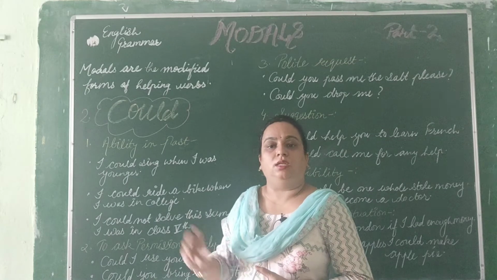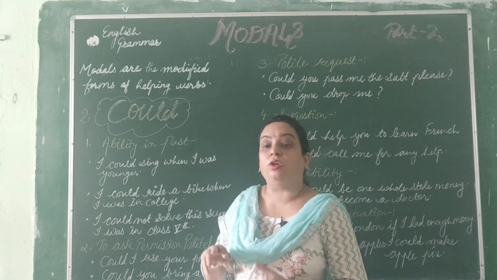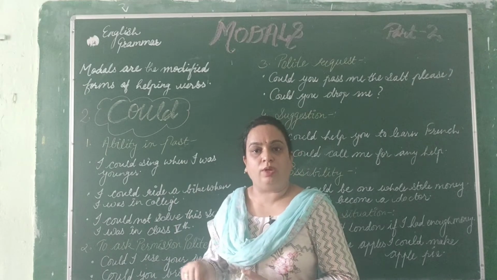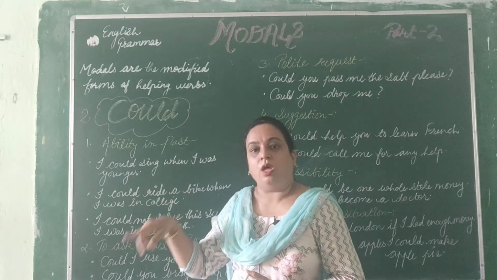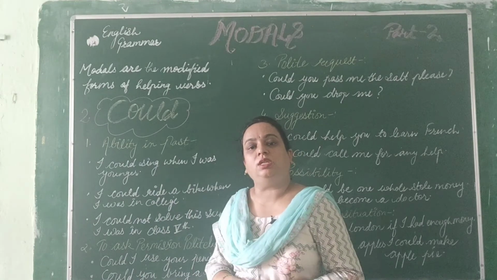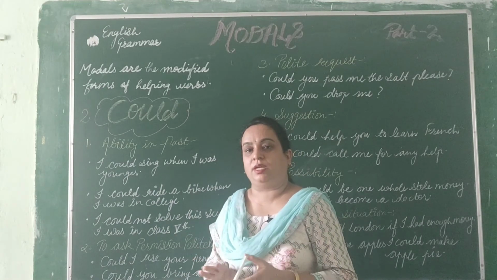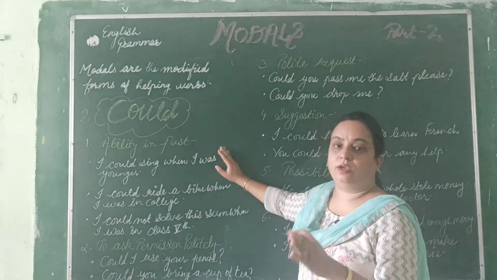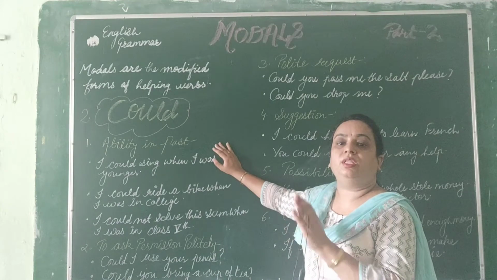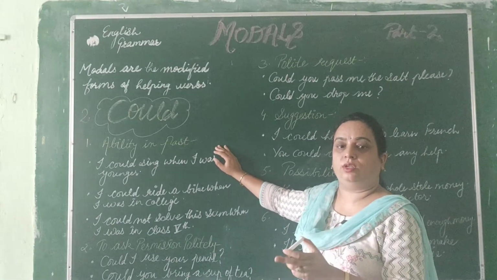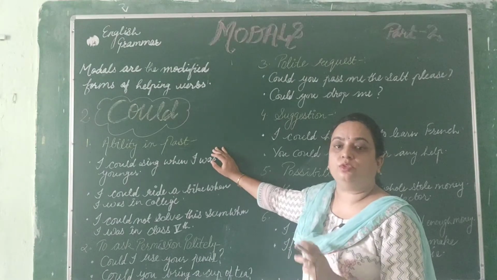This sum was very difficult and I could not solve it then, but now I am able to do that. So I can do it now, but I could not do that when I was in class 5th. So please try and understand that present ability you have to tell with can, and past ability you have to use could.